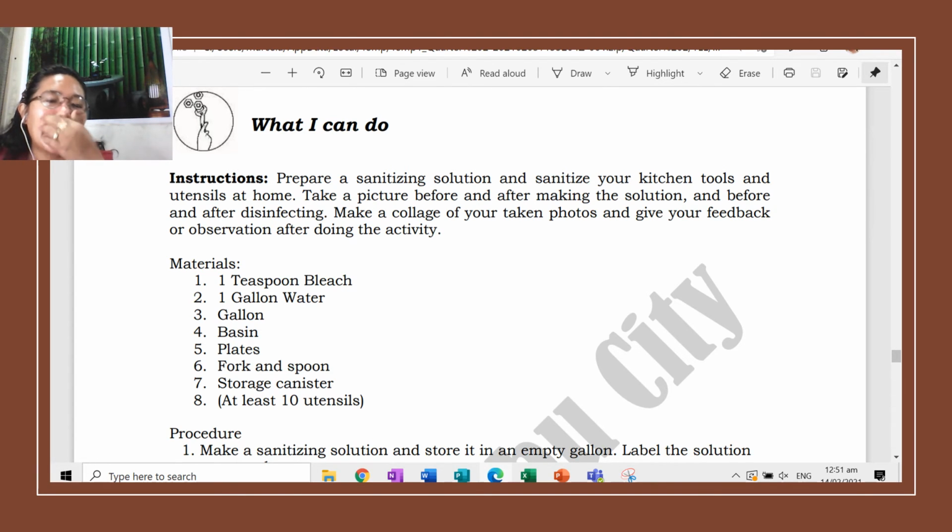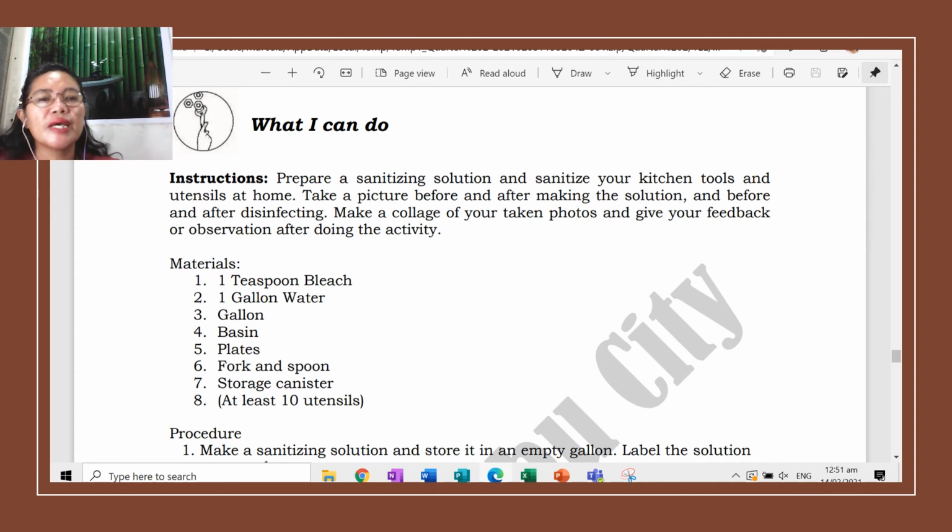Okay, the materials that you are going to use are 1 teaspoon bleach. So, bleach, it can be your Sunrocks, 1 teaspoon lang. Then 1 gallon water, then a basin, then plates, fork and spoon, then a storage container for at least 10 utensils. Okay? So, that would be found in your kitchen, class.